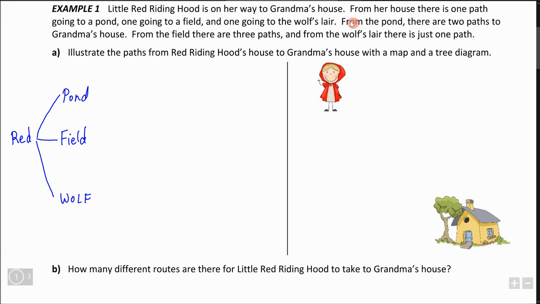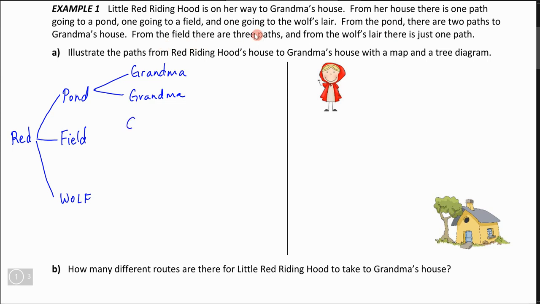Now, the next part of the question says from the pond, there are two paths to Grandma's house. So I'm going to draw again two branches. So Grandma and Grandma again. And I'm going to show two branches extending from the pond to continue this tree diagram. And then from the field, there are three paths.